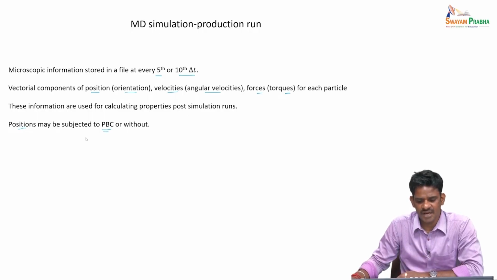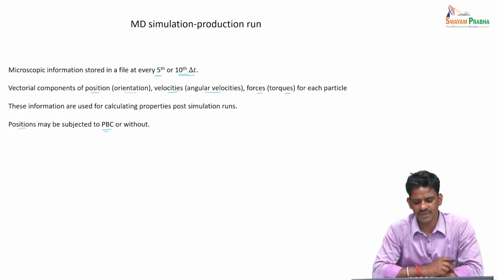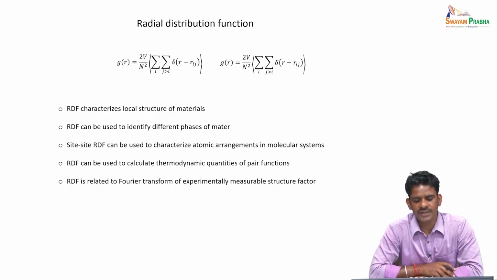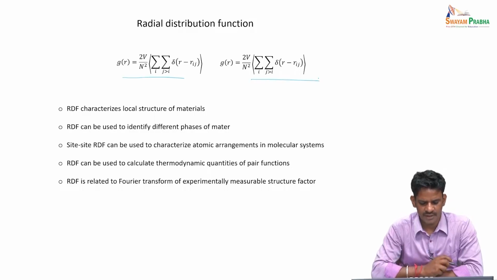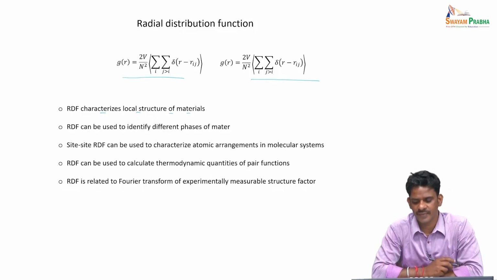These intervals of time can be integral multiples of the time step delta t that is used for integrating the equations of motion. The first property we would like to measure is the radial distribution function. We have already looked at the definition and the physical meaning of the radial distribution function. It is mathematically defined by either of these two equations, and it characterizes the local structure of fluids.